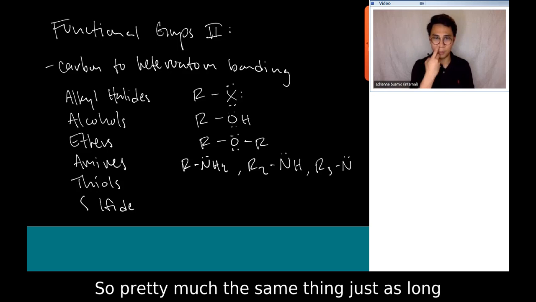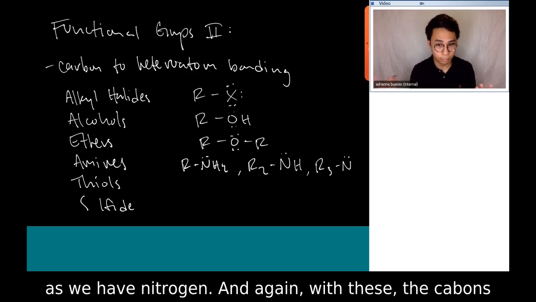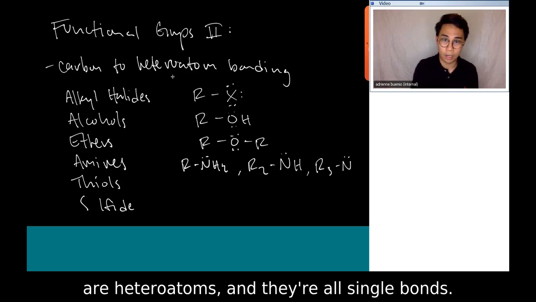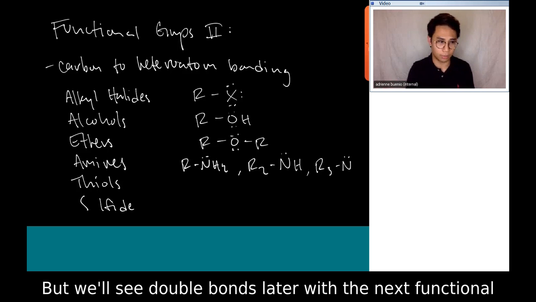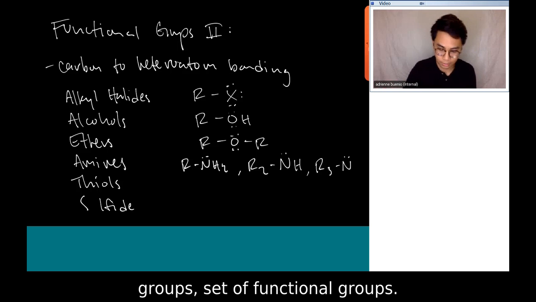So pretty much the same thing, just as long as we have nitrogen, right? And again, with these, they're carbon to heteroatoms, and they're all single bonds, right? We'll see double bonds later with the next set of functional groups.